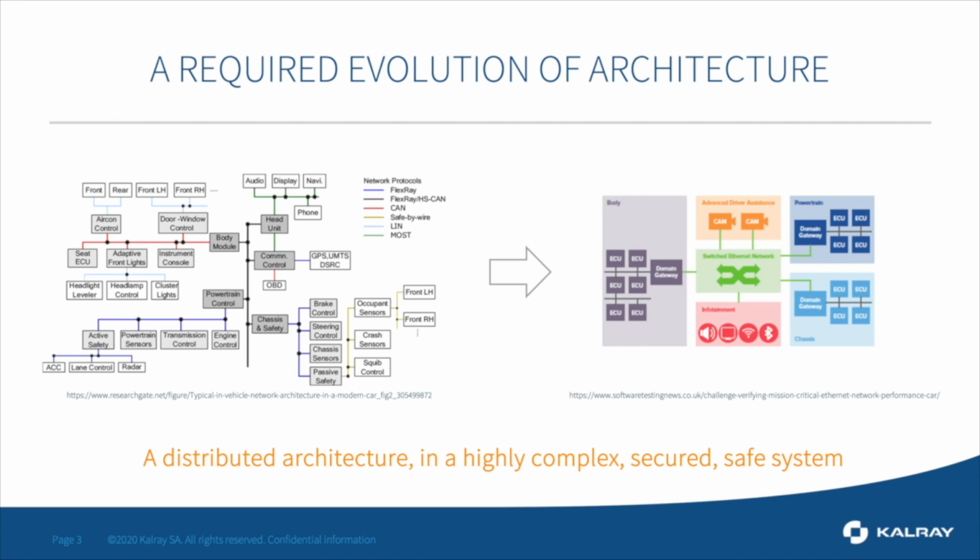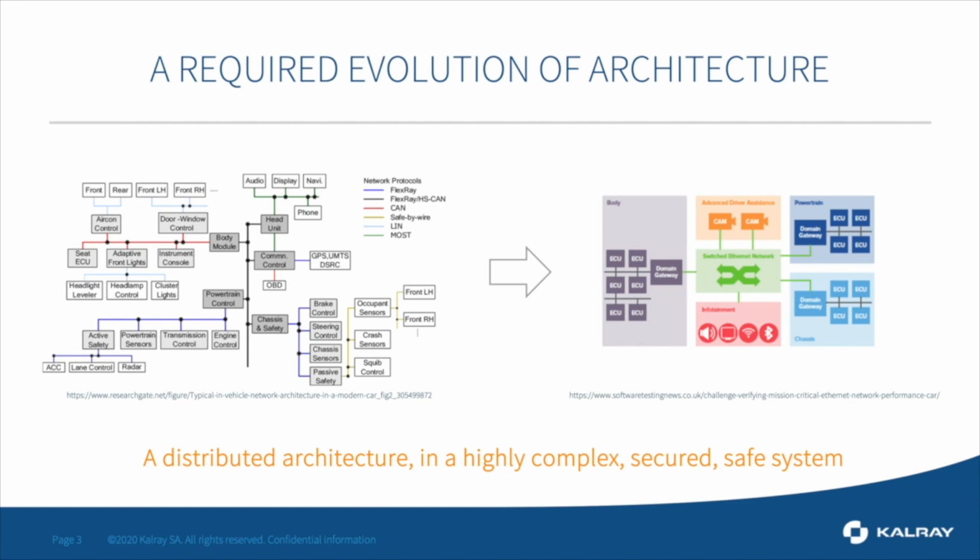Obviously, architects at car manufacturers and tier ones are looking at optimizing this type of architecture, and this is where the discussions are going on different new architecture views, especially functional architecture or domain architecture, where we will dedicate ECUs to different types of functionalities, as illustrated on the right, or as well an evolution going to the zone-based architecture that will be more about the topology of the car and where you will have dedicated zone functionalities at the front of the car, at the rear of the car, or other parts.